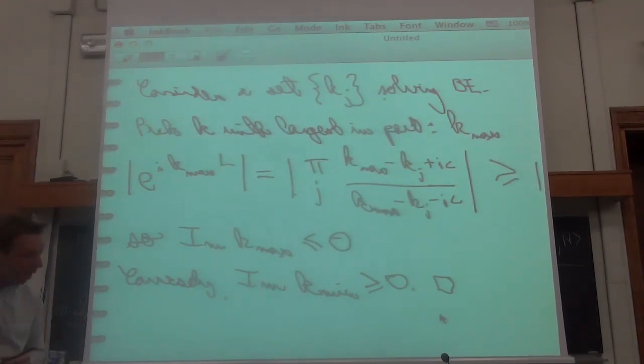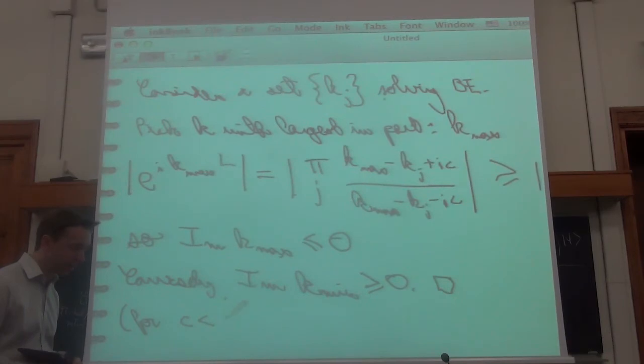Of course, this relies on the sign of this thing being positive. If it is negative, actually, you find solutions that have complex k. Okay? And just as a comment, for c less than 0, there exist complex k, and these are just bound states.